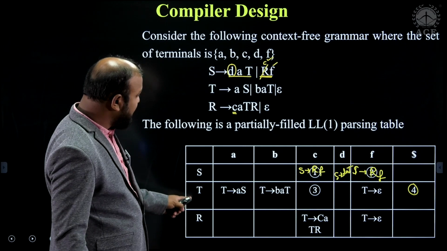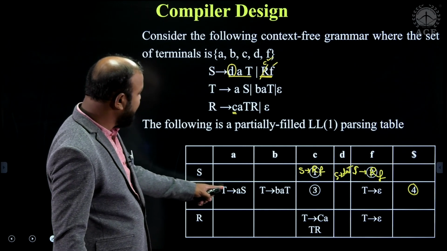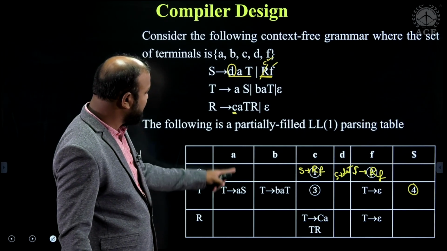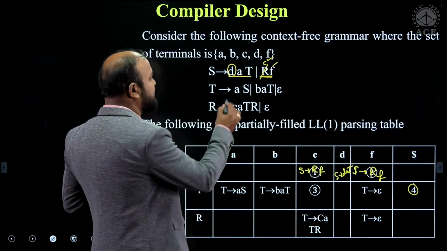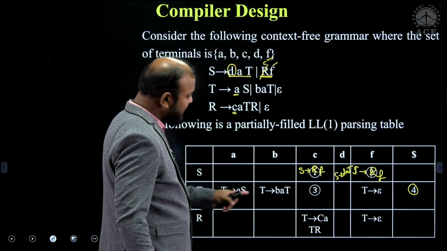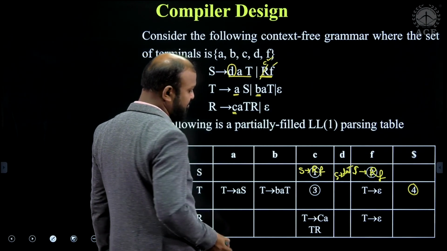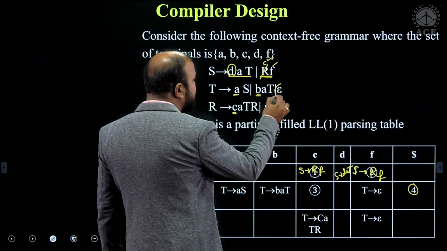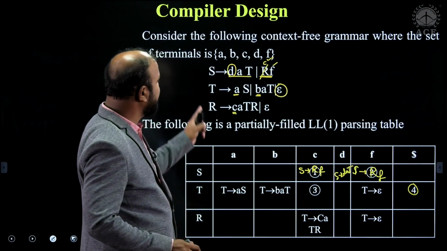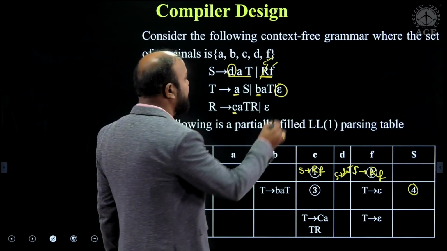Second one, the T productions. T tends to AS, you write in the A column. Why? Because first of AS is A. T tends to BAT, you should write in the first of B column, B. And T tends to epsilon, we need to write in the follow of T column.